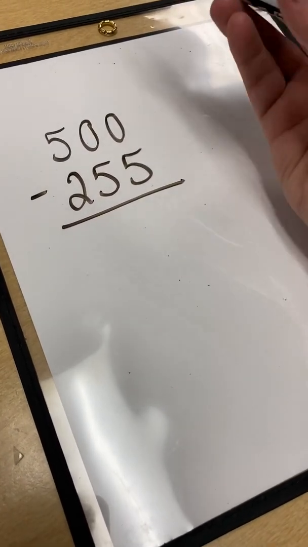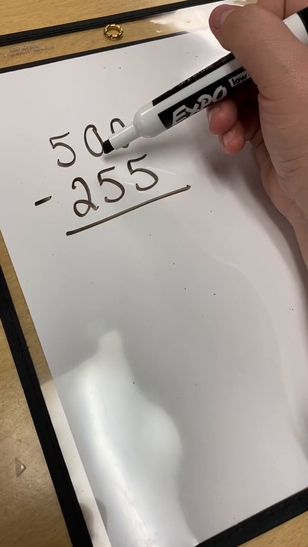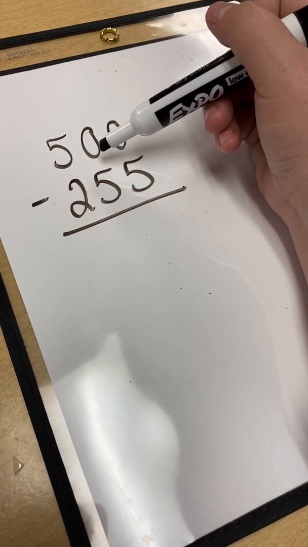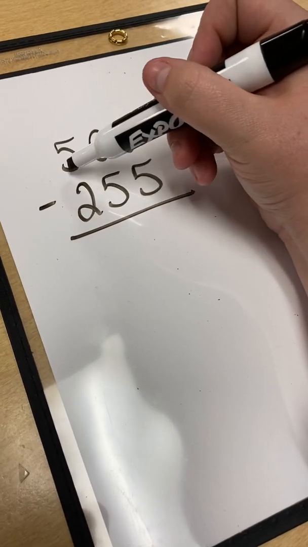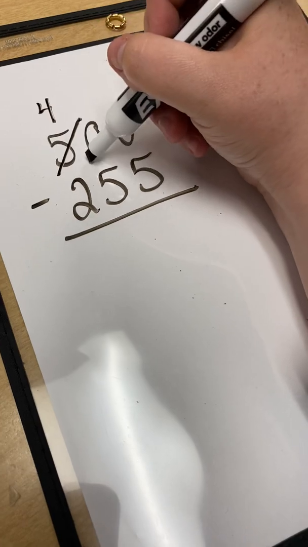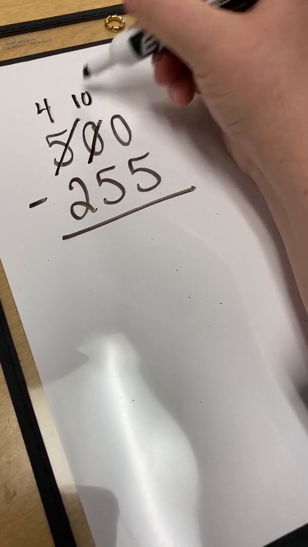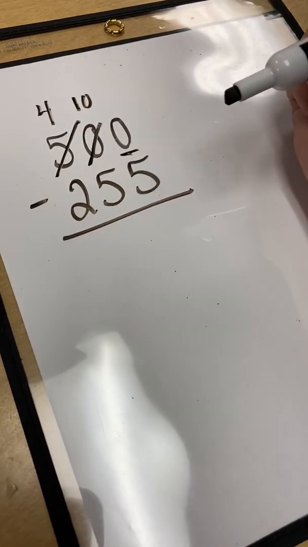So what we do is we look at our neighbor and it's a 0. We can't borrow from him yet. But if our neighbor will borrow from his neighbor, so my 5 becomes a 4, my 0 becomes a 10, now this 0 right here can borrow from its neighbor.